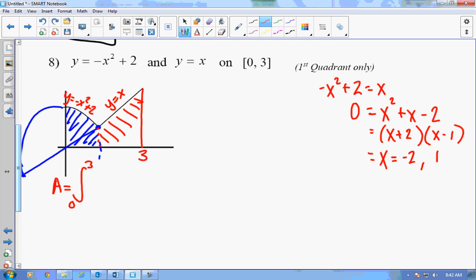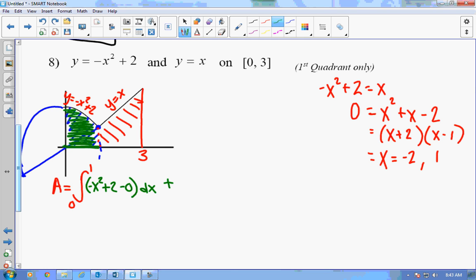I would do the first one from 0 to 1, because we actually have two different functions on the top, right? So from 0 to 1, the top function is that quadratic. Minus the bottom, which is y equals 0. Close it up, and then what comes after the parenthesis? Dx. So this one has two sections because we have two different top functions.